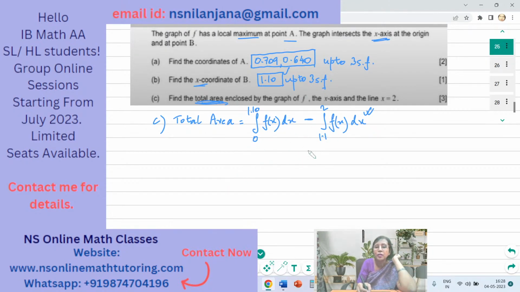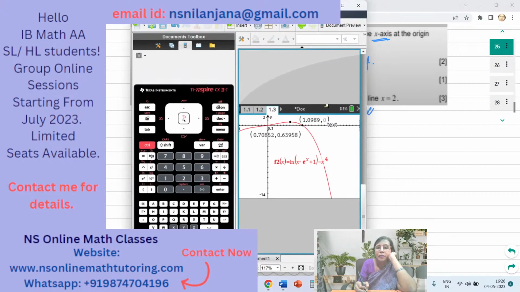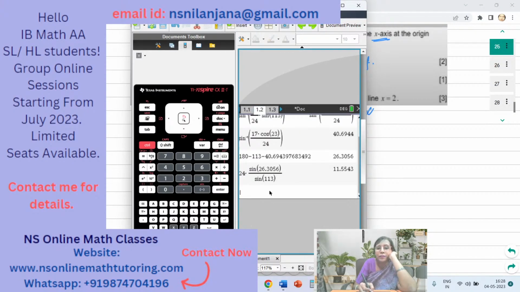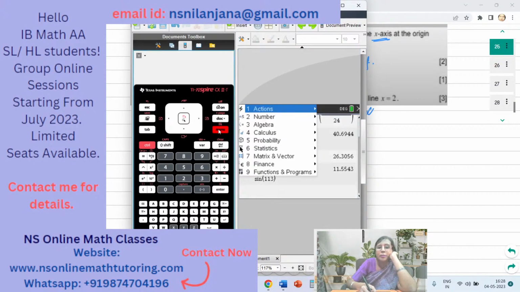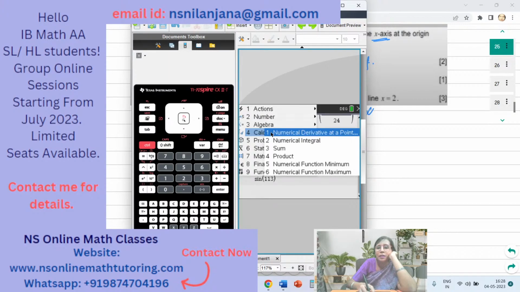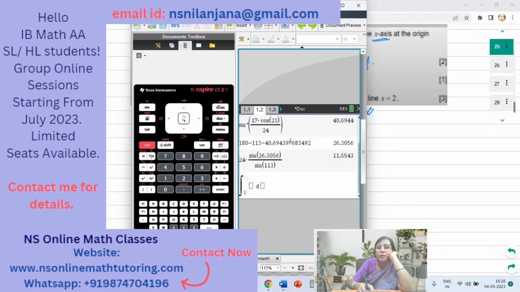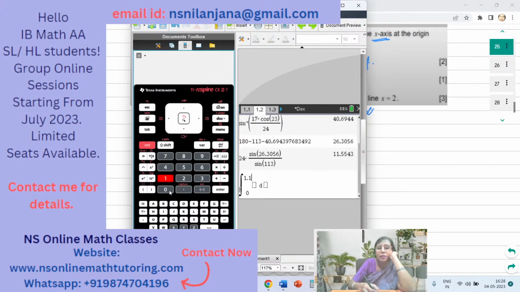Let us first of all get the value of this integration. Fine. Let us go back to the calculator. Menu, calculus, numerical integral. This will be from 0 to 1.1.